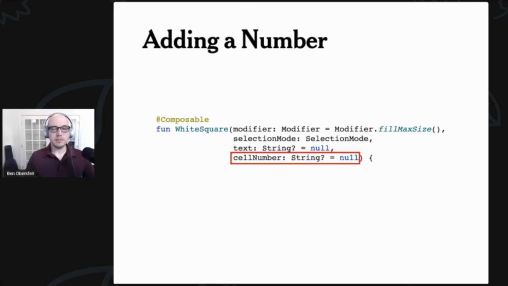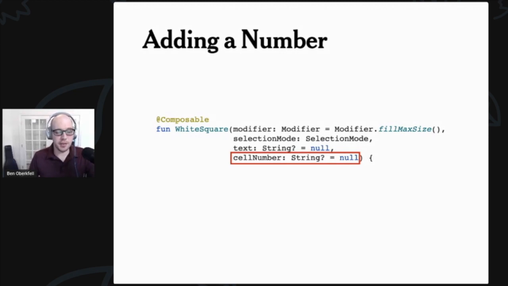So another thing we have in the puzzle is a cell number. A crossword clue is often defined as 2 across or 4 down, what have you. So we need to have a little cell number up in the top left corner. So how do we pull this off? First, let's add another parameter to our white square for the cell number.